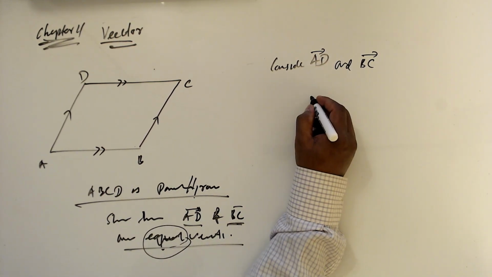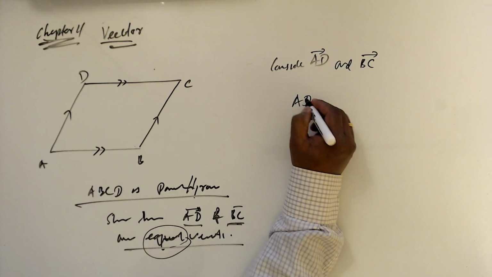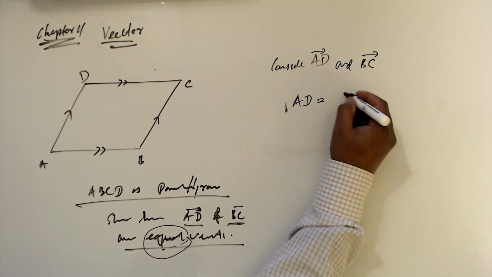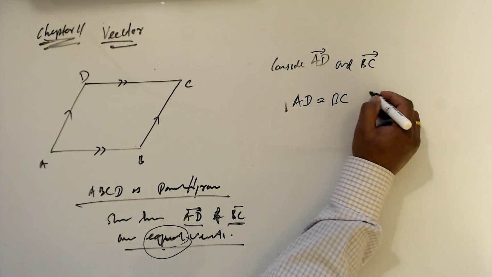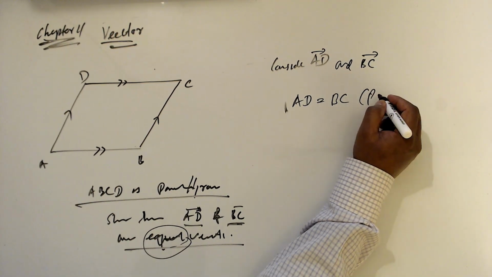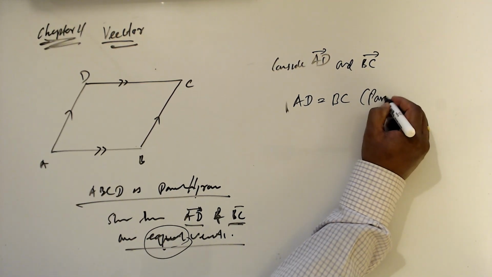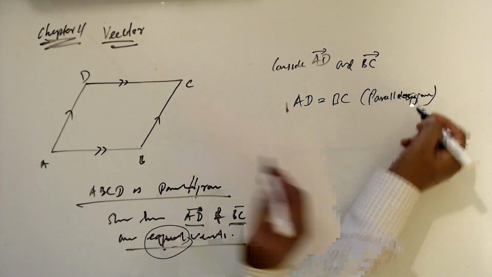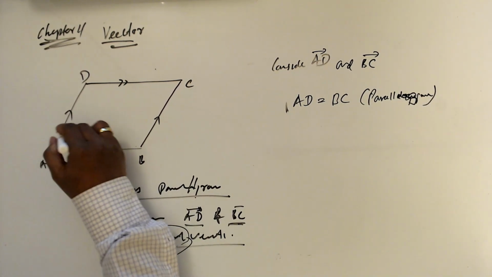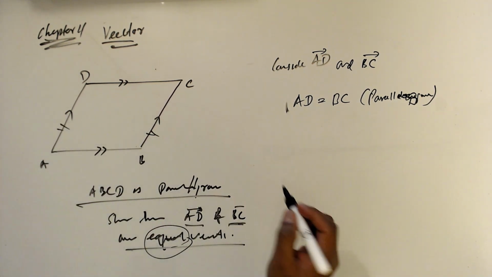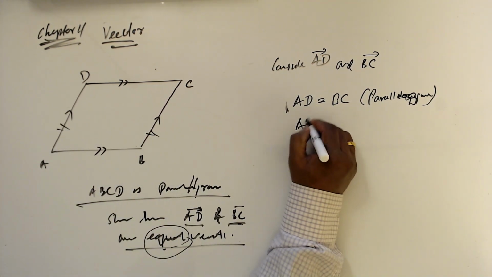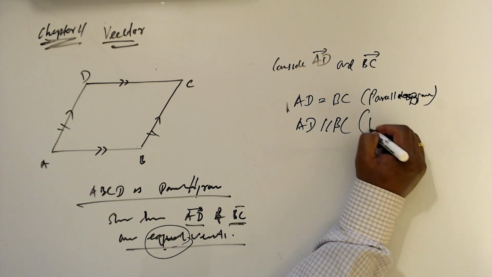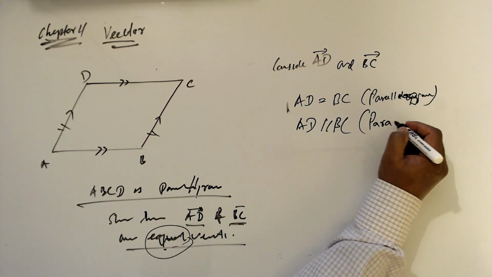So we can tell that AD equals BC. Why? Because it is a parallelogram. Because we know that AD equals BC in size and AD is parallel to BC because it's a parallelogram.